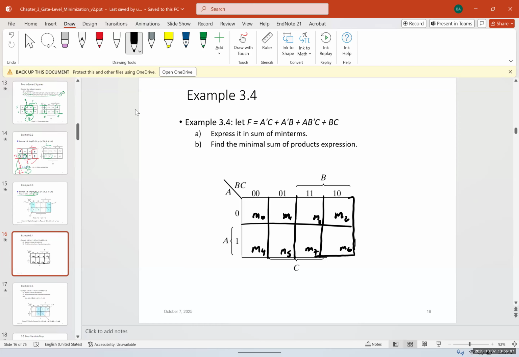So this time we are going from the actual expression to the K-map, instead of going from K-map to the expression. It's the other way around. And sometimes you have the question like this.